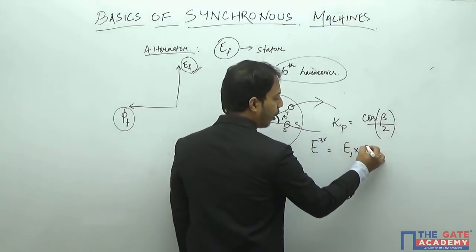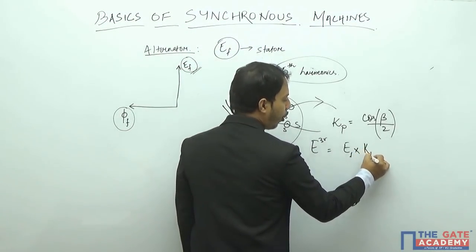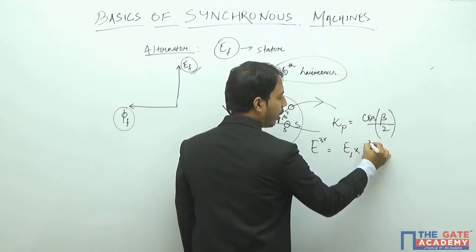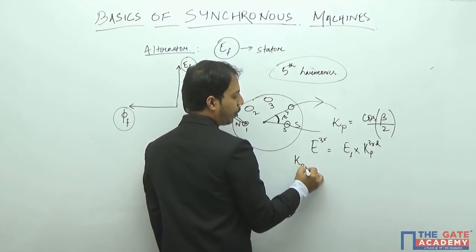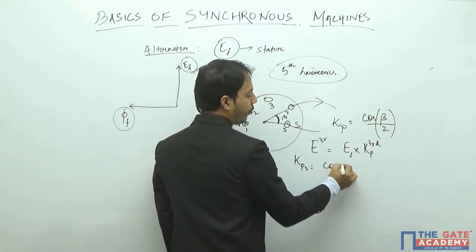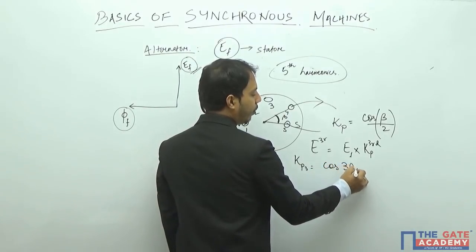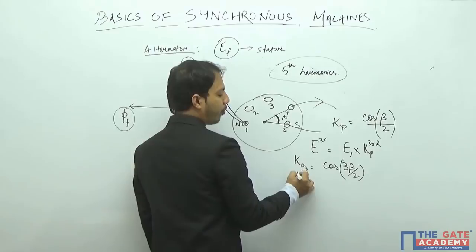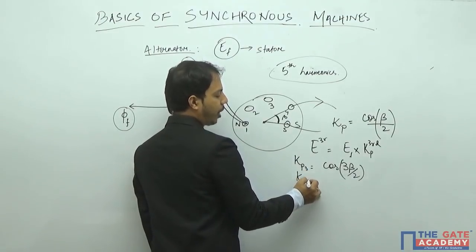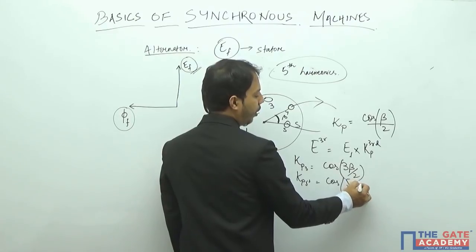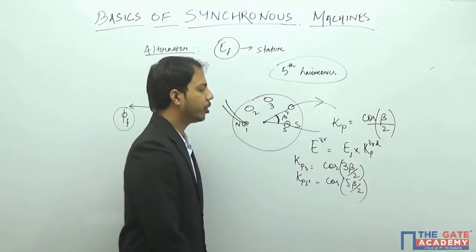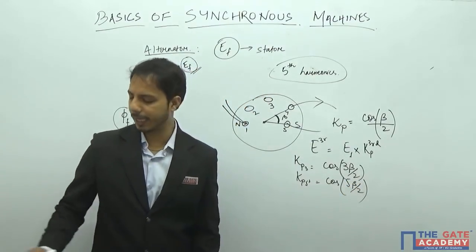Similarly, Kp for third harmonic will be cos of 3 beta by 2. Similarly, Kp for fifth harmonic will be cos of 5 beta by 2. So this is how we can calculate Kp.